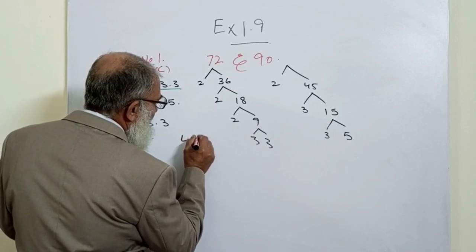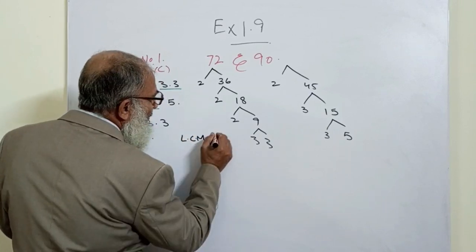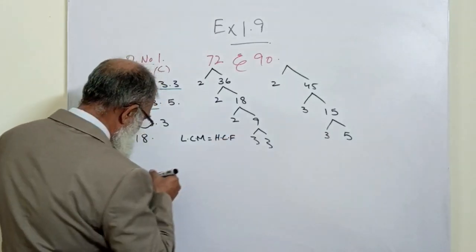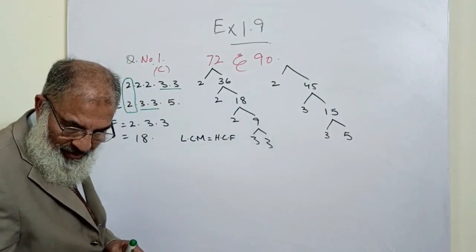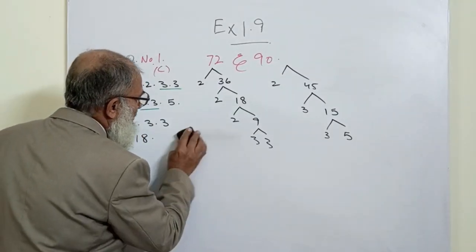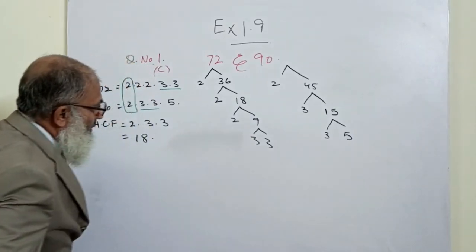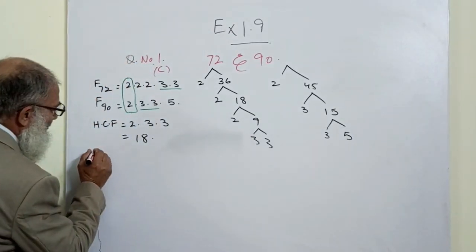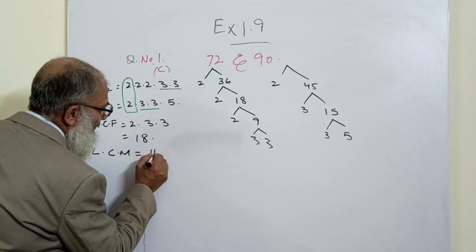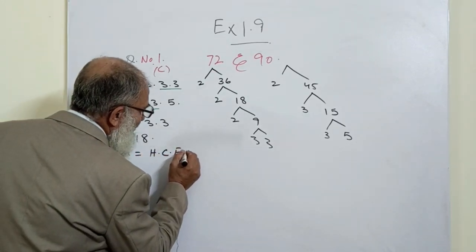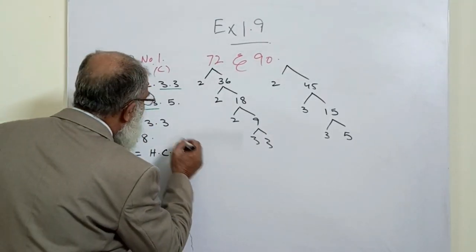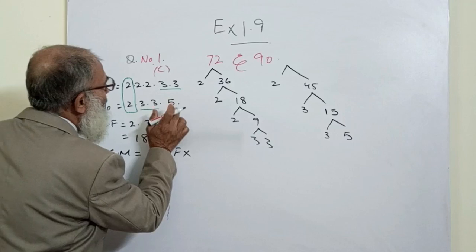LCM is equal to HCF multiplied by the leftover numbers. Leftover numbers are 2, 2 and 5.